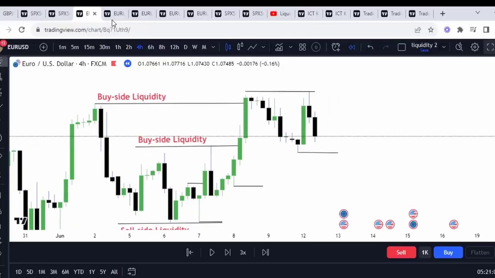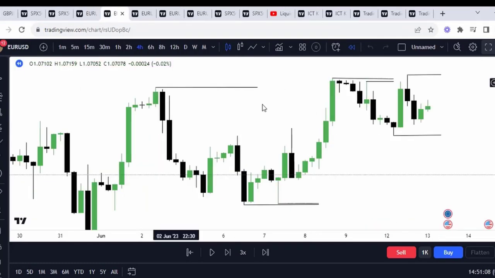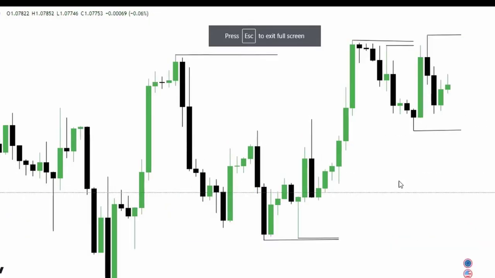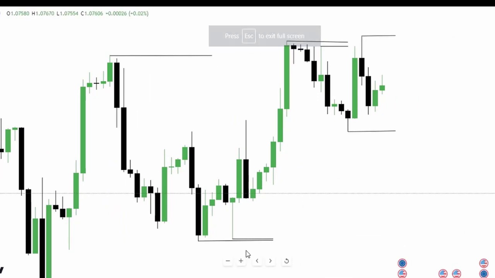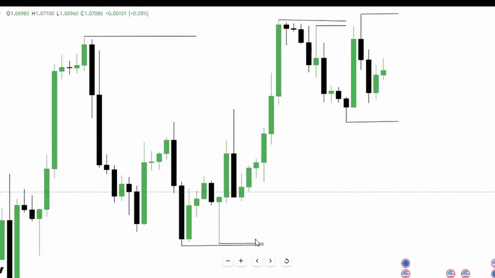The next thing we are going to be looking out for is the type of liquidity we have, which is our old highs and old lows, and relatively equal highs and equal lows. So whenever we have something like this, swing lows that are relatively equal or that are close together, we can say that this is a relatively equal low, and we can call both of them sell side liquidity.